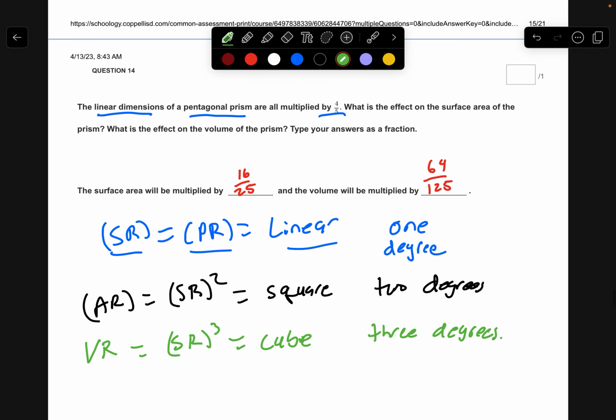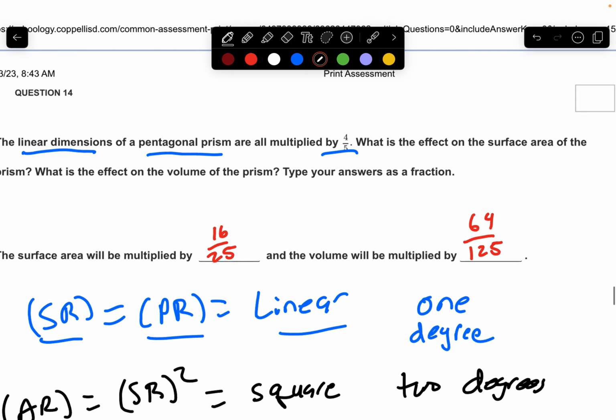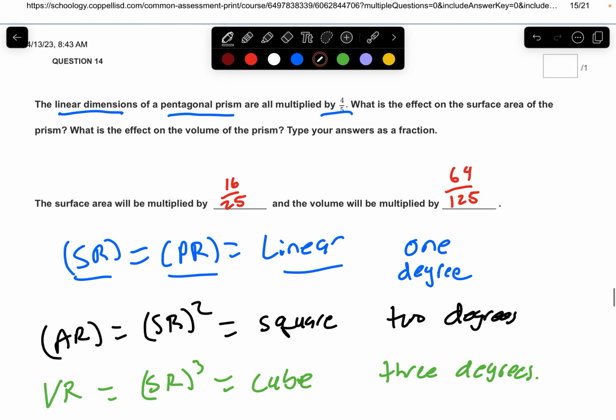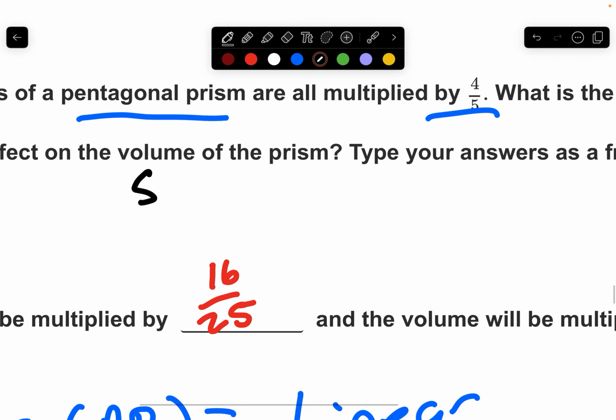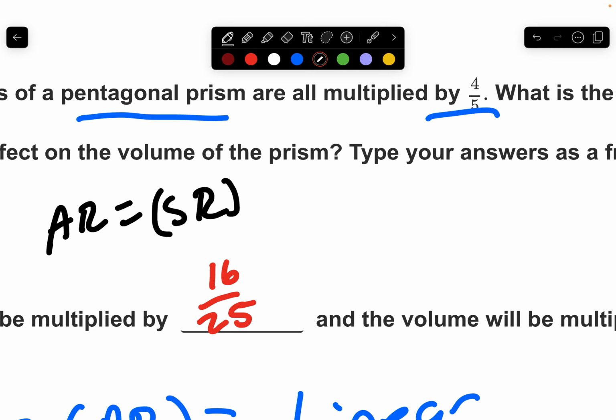So if you have a 1 degree ratio, or in this case scale factor, what do you do to work with area? If the similarity ratio is 4/5, to work with area, the area ratio is the similarity ratio squared, which would be 4/5 squared.